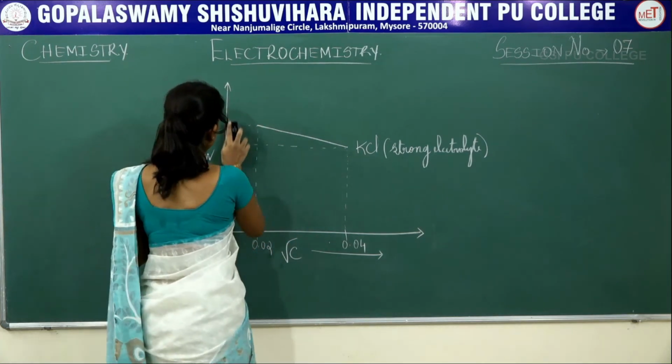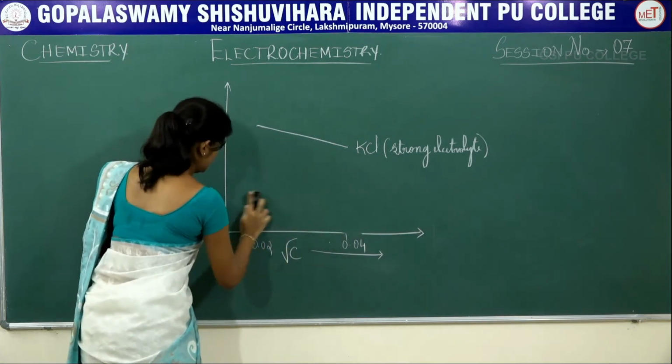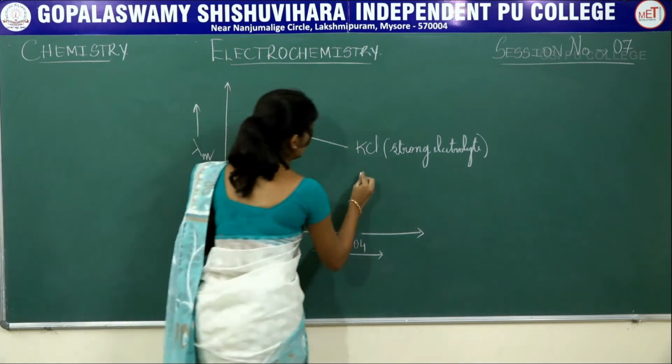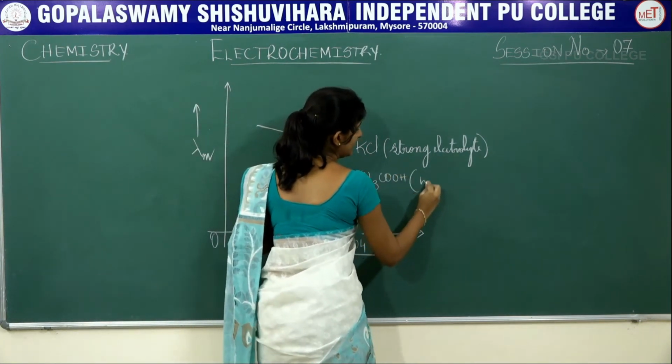Now let us see a weak electrolyte. What happens to a weak electrolyte? I will take the weak electrolyte as acetic acid, CH3COOH. This is a weak electrolyte.